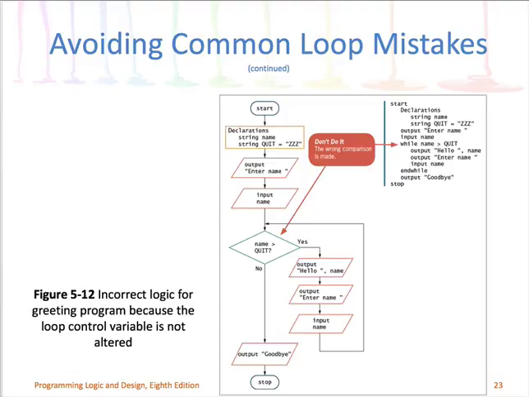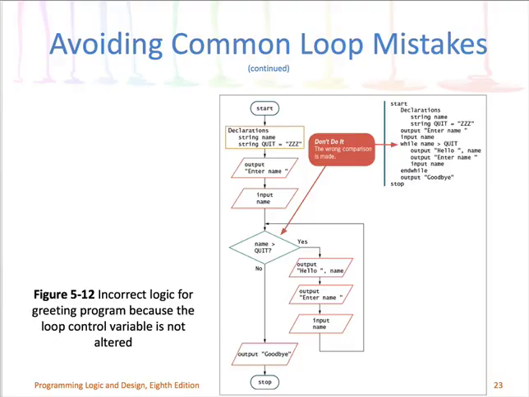Here we have one again where we get the person's name, but we basically say, is the name greater than quit? Well, different things can happen in different programming languages. In BASIC, it would probably complain about that. But in other languages, if this is a string value, greater than would mean it came later in alphabetical order.